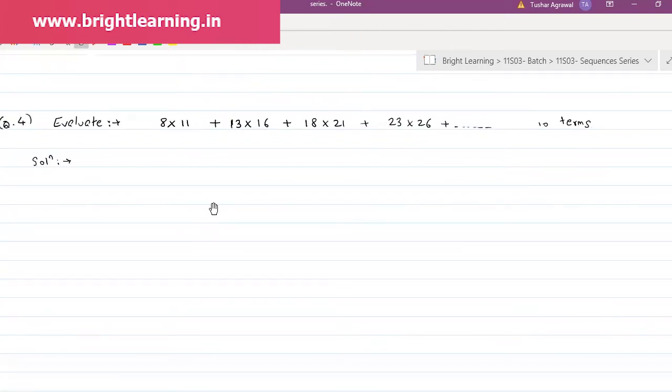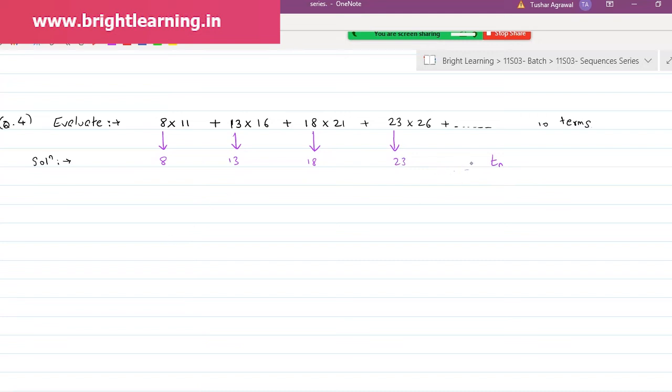Okay, so see now, this will be 8, 13, 18, 23. This is forming an arithmetic progression, yes or no? Let's say Tn is the nth term of this AP, the purple sequence.